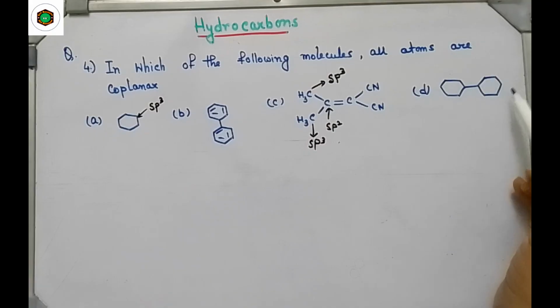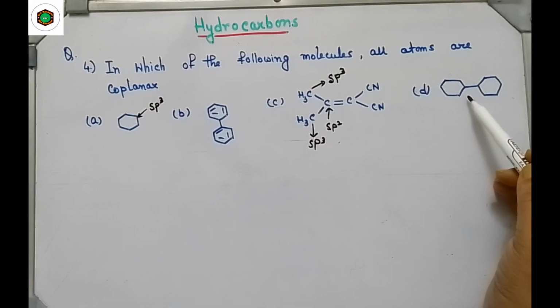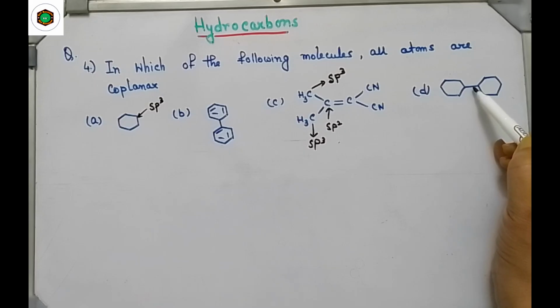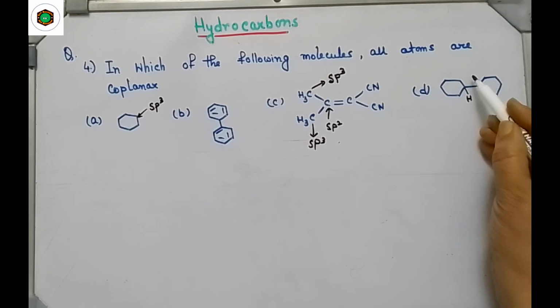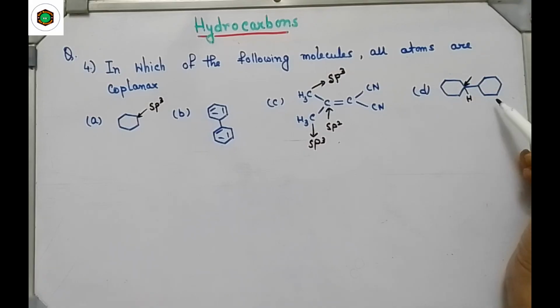In this compound, each carbon atom is sp3 hybridized because each carbon has 4 sigma bonds. Why 4 sigma bonds? Because see this carbon, it has 1, 2, 3 sigma bonds, and here one hydrogen is there to satisfy the tetravalency of carbon. So 4 sigma bonds are there, which means this carbon is sp3 hybridized. In that way each carbon is sp3 hybridized, so coplanarity is not there.